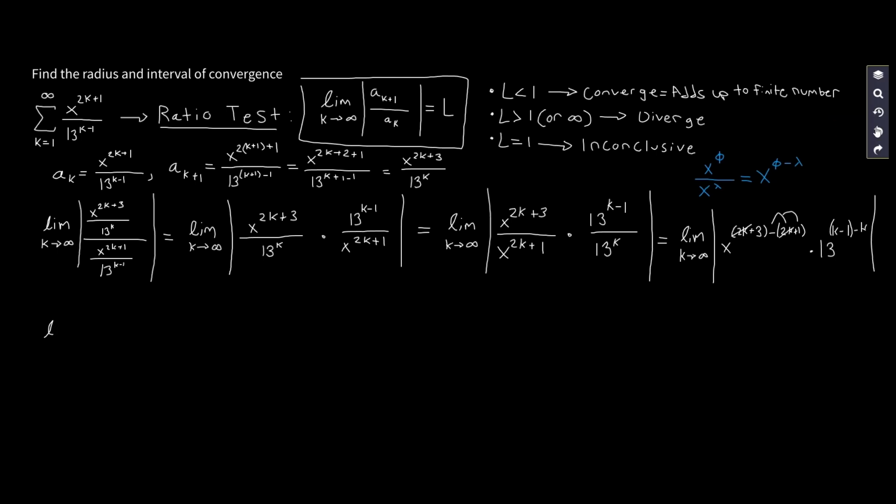So the result, limit as k approaches infinity, is going to be x raised to the power of 2 times 13 raised to the negative first power, I believe. We can manipulate this algebraically.